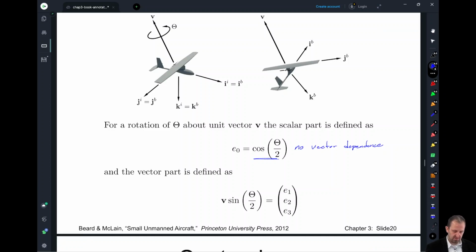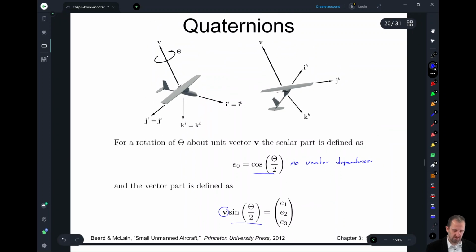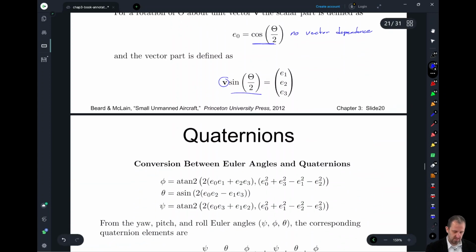The vector part, E1 through E3, is just our vector multiplied by the sine of that angle. And that'll give us our unit quaternion, which is great. We're going to ensure that the magnitude is equal to 1.